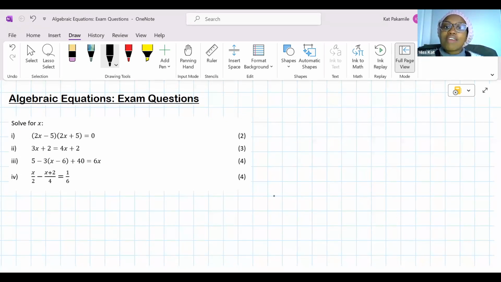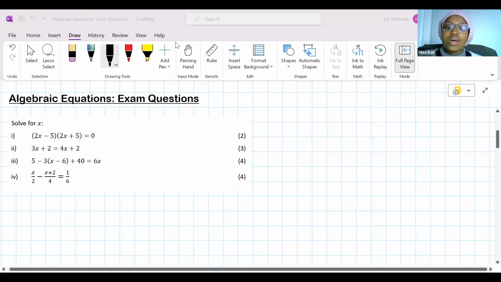So let's see if any of us know how to do these. Is there anyone who wants to take a leap with me, a brave step, and do one of these with me? Number 1 is directly related to our previous lessons, so we should all be able to do number 1. Anyone? Okay.